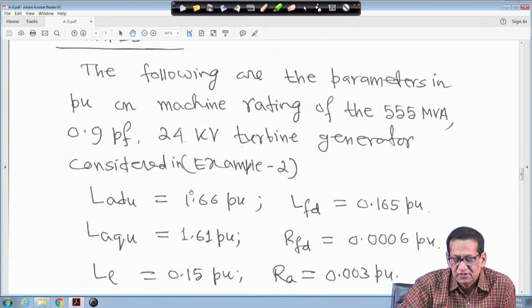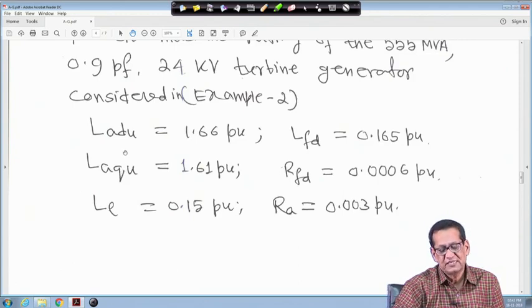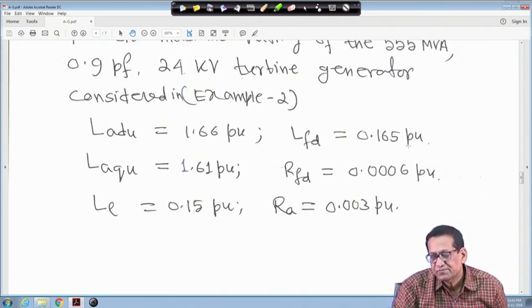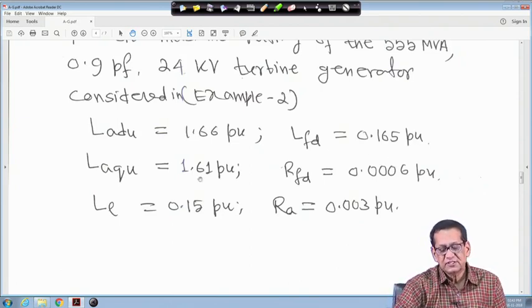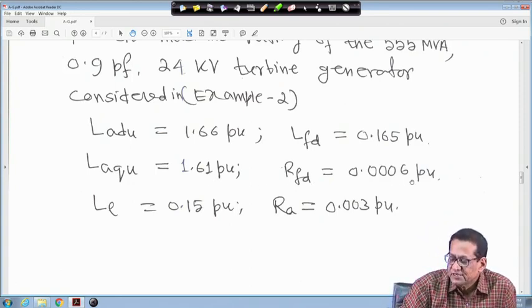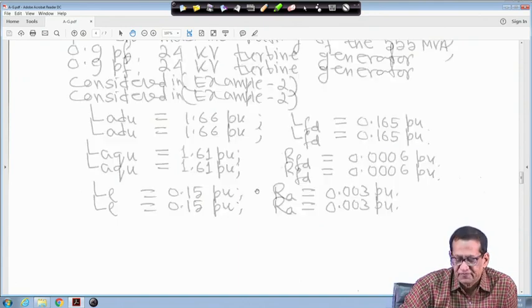The following parameters are also available in that example, but rewritten here: LADU is equal to 1.66 per unit, LFD is equal to 0.165 per unit, LAQU is equal to 1.61 per unit, RFD is equal to 0.0006 per unit, LL is equal to 0.15 per unit and RA is equal to 0.003 per unit.